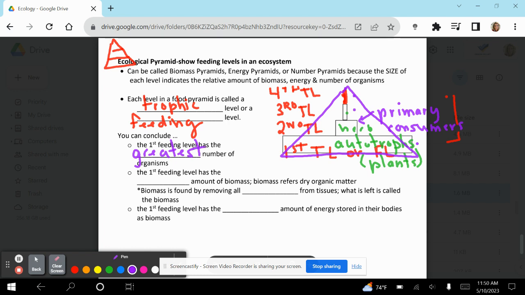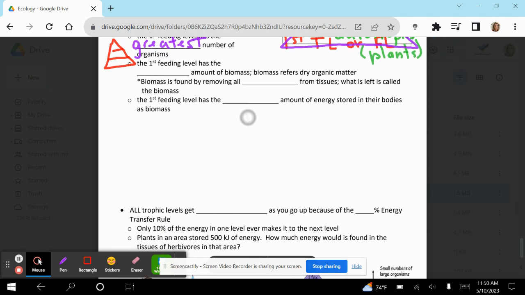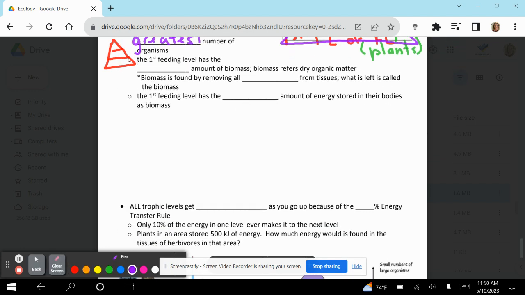Now, if you think about it, these plants, they have mass. And if we were to count the number of plants in an area and put all those plants in a pile, that would be a really big pile of plants. Okay, so let's indicate that if we gathered up all the plants in an area and put them in a pile, so let's put plants, that's going to be a huge pile.